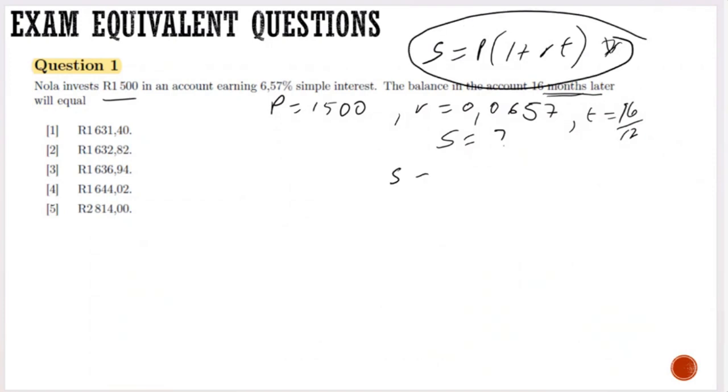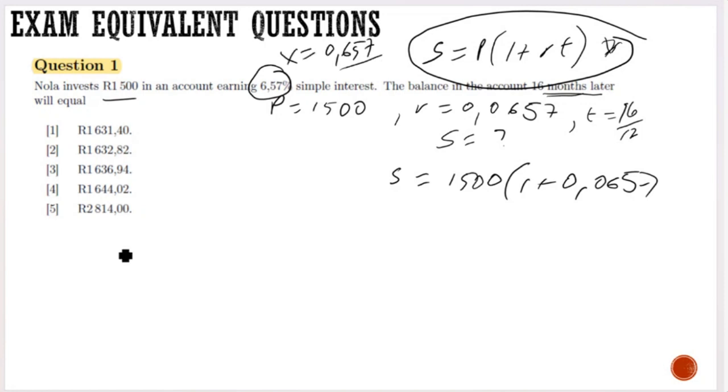So your S is going to be equal to 1,500 into 1 plus 0,0657 times 16 over 12. Be careful on how you convert your interest. This is not equal to 0,657. I'm just pointing out common mistakes.